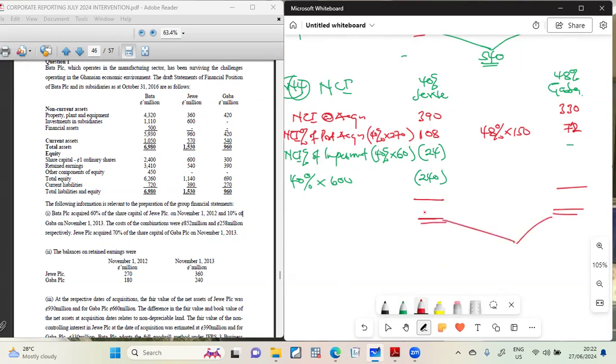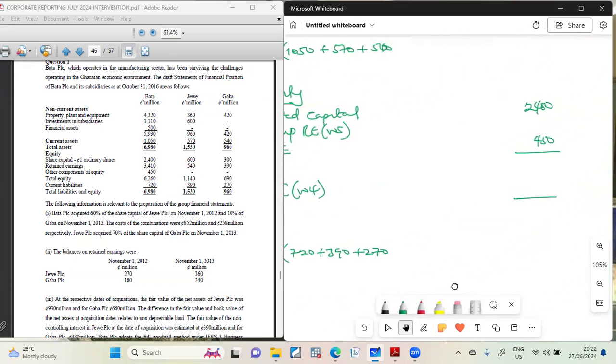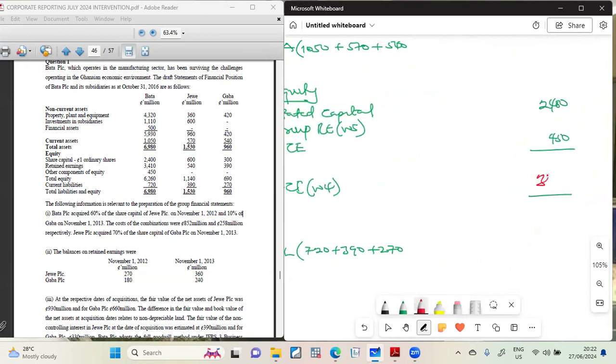Straight 234 for Jewe, and this one plus this one is 402. The NCI carry down total is 636. So straightforward, you go and drop the 636 inside your balance sheet. You don't wait. NCI 636 is 636, not 363.